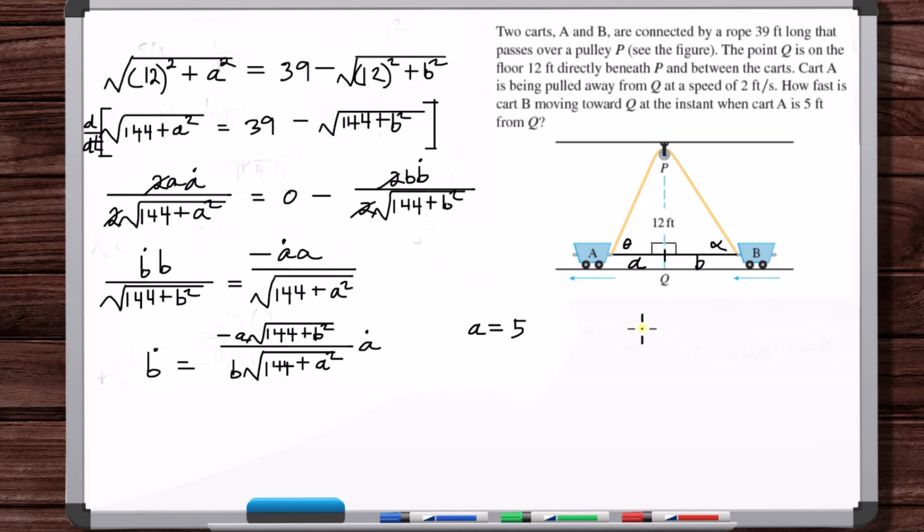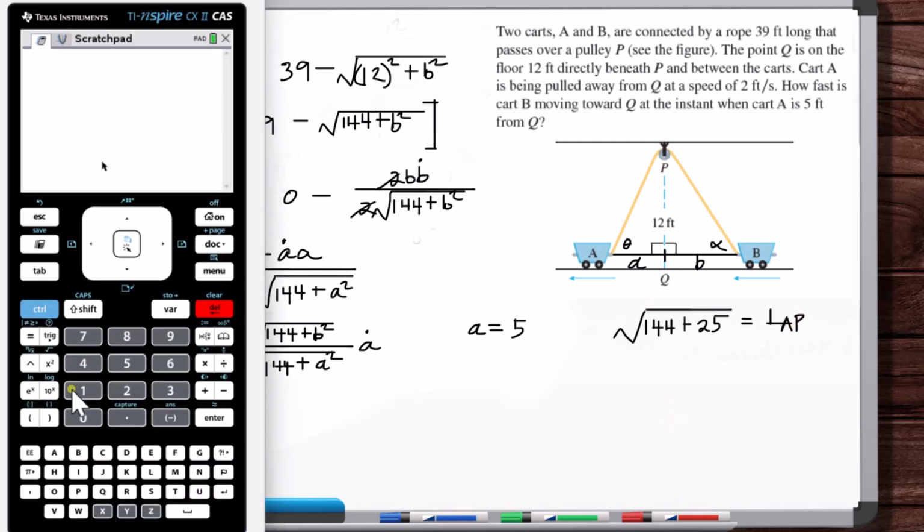So 144 plus 25, square root of that, that's LAP. Pythagorean theorem. So 13.